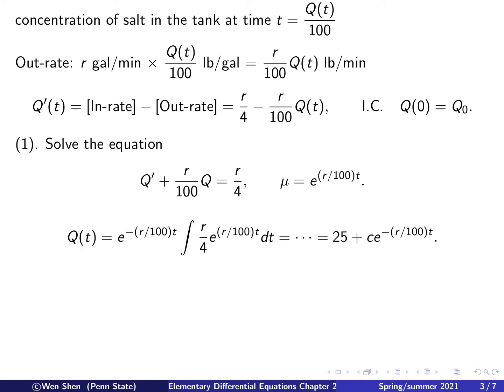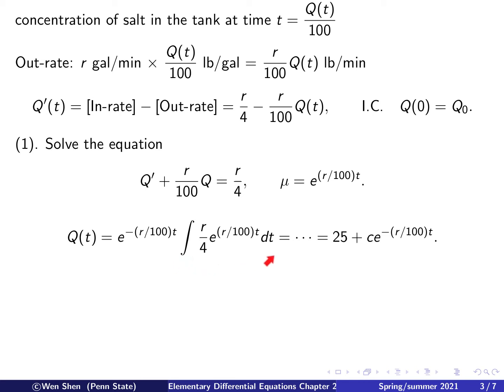And once the mu is found, then we can plug it into the formula for the solution. We have done this many times, so I will be a bit brief. So the formula is mu to the negative 1 times the integral of mu times the right hand side, and that's what we have here.